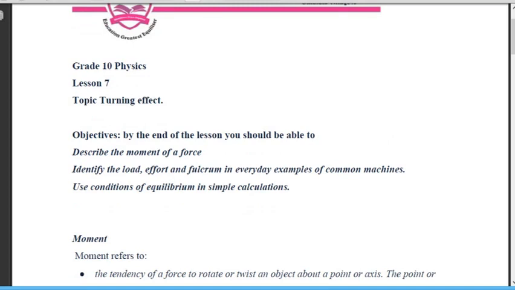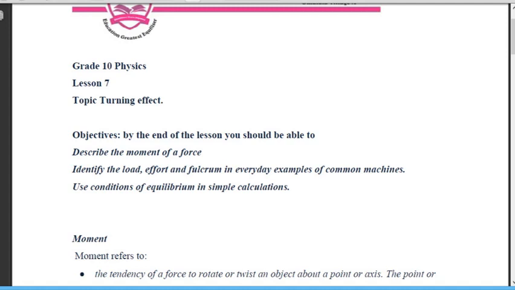You should also be able to identify the load, effort, and fulcrum in everyday examples of common machines. As we go through the lesson, you will see some of these common machines. We should also be able to use conditions of equilibrium in simple calculations.